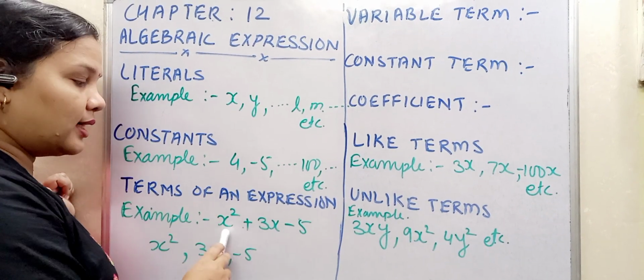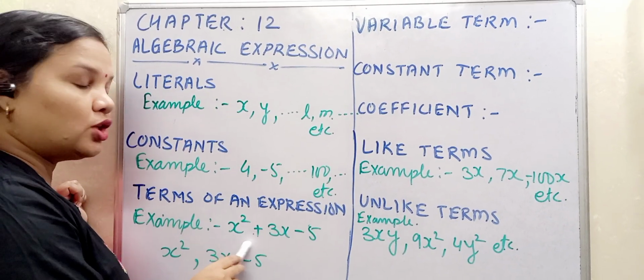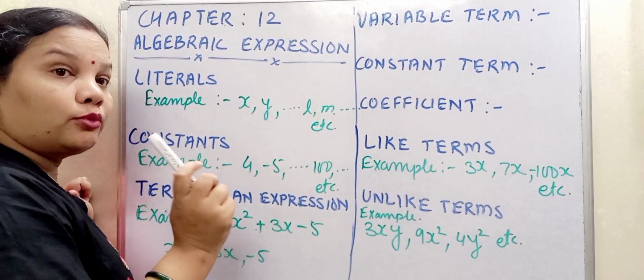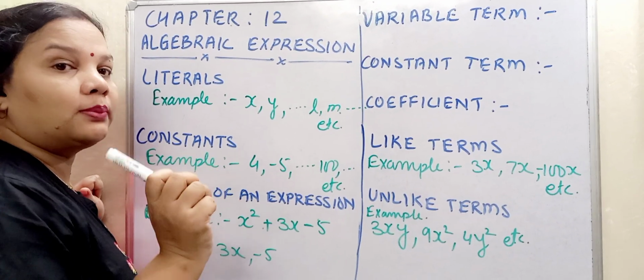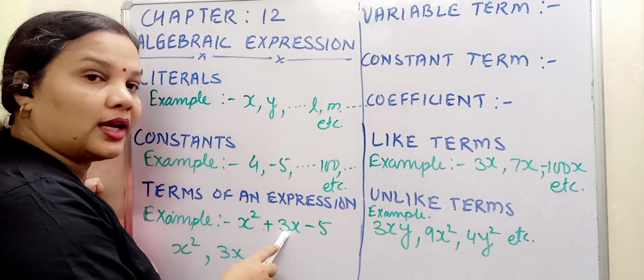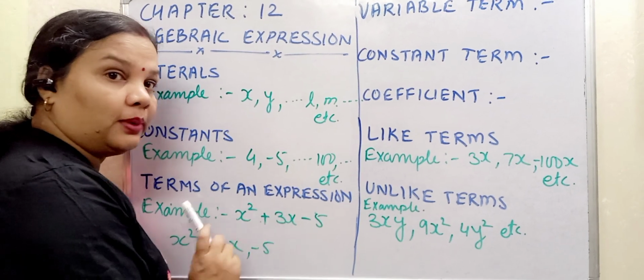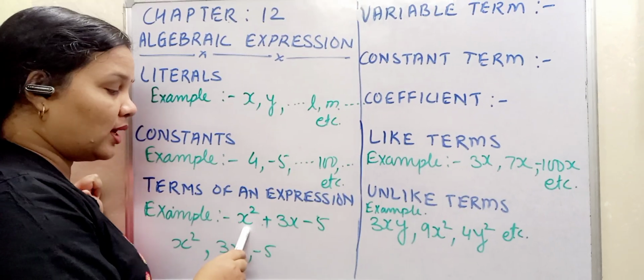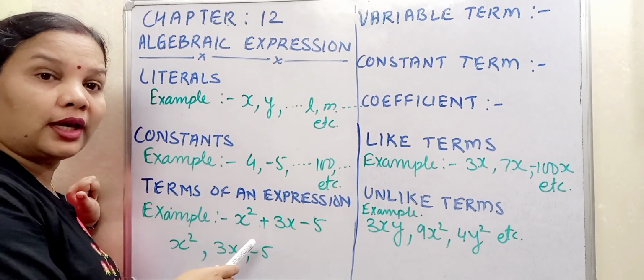So you can see that this algebraic expression is separated by plus and minus signs. Here I am only using plus and minus, not multiplication and division, because you can see that between 3 and x no sign is there. It means that here it is multiplication, so it doesn't mean it has 4 terms. And x square means that x is multiplied 2 times, right?